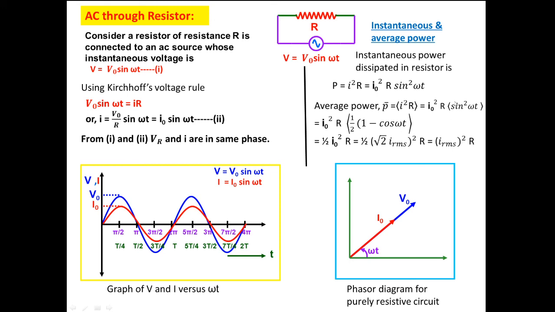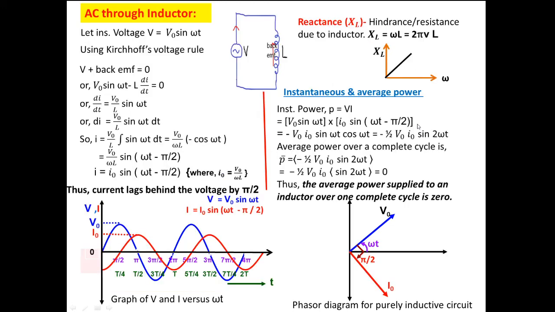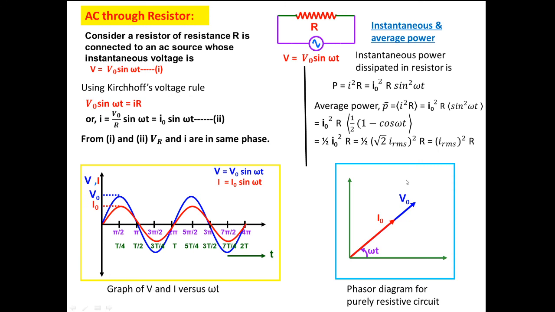So maths children will do the integration of sin square omega t dt, but for the non-maths children, sin square omega t, if we break this, it will be half of 1 minus cos 2 omega t, and the average of cos is 0, because for the full time once it is in the positive half and in the next half it is in the negative half, so average will be 0.